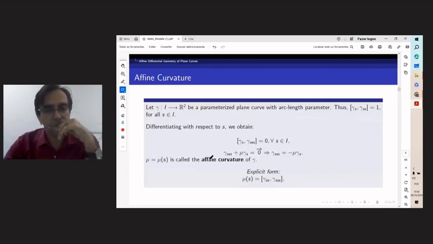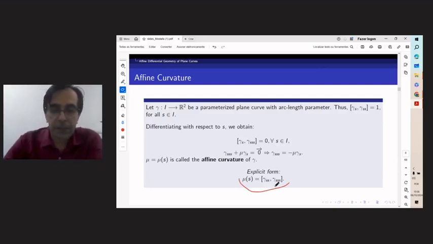Well, another aspect that is very important in the study of affine geometry is affine curvature, which, if we parameterize our curve by arc length parameterization, is simply the determinant of the second and third derivative of gamma.